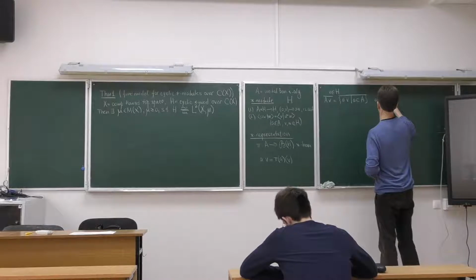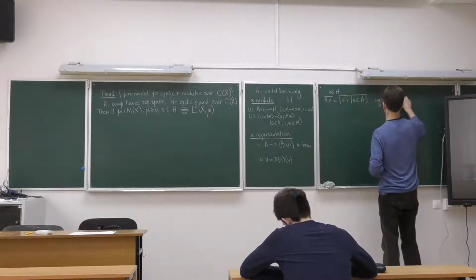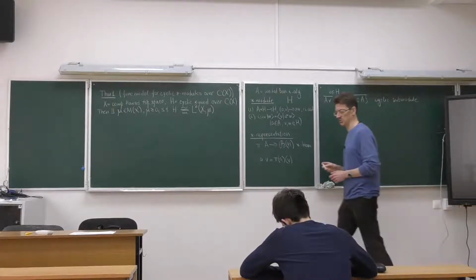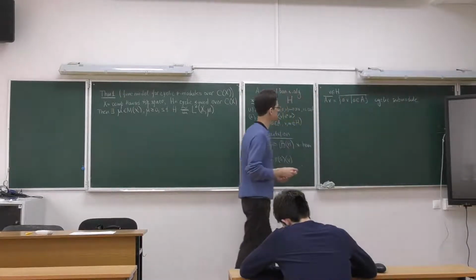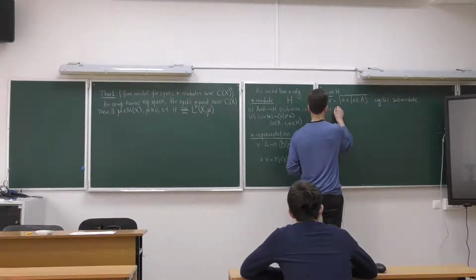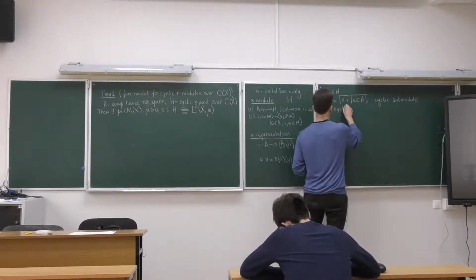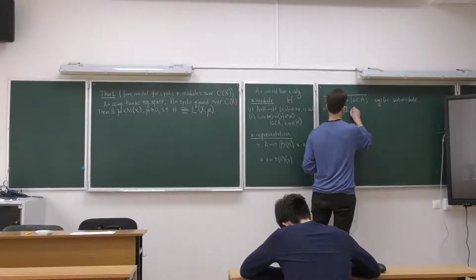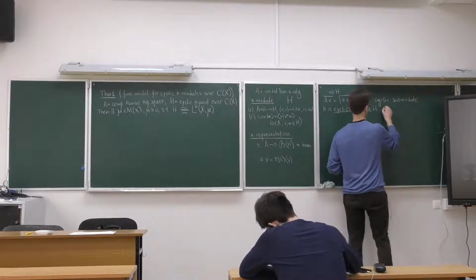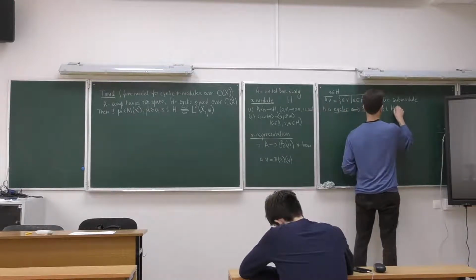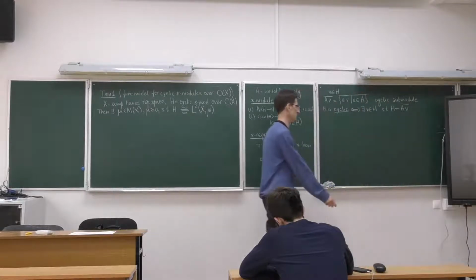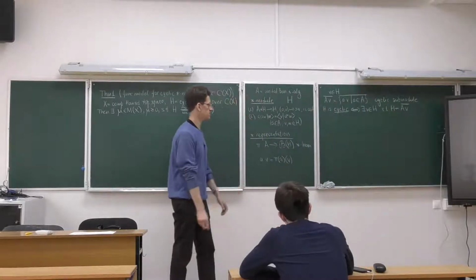So clearly this is the smallest closed submodule of H which contains v. And we say that H is cyclic if there is an element v in H which generates H in the following sense: the cyclic submodule generated by v is equal to H.